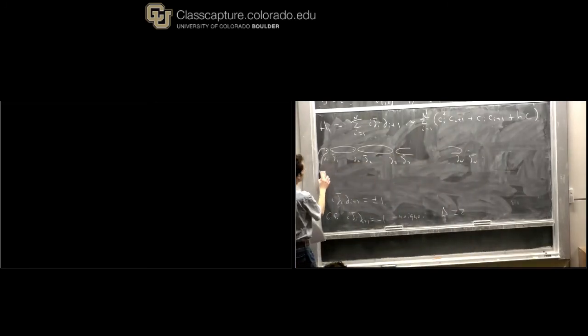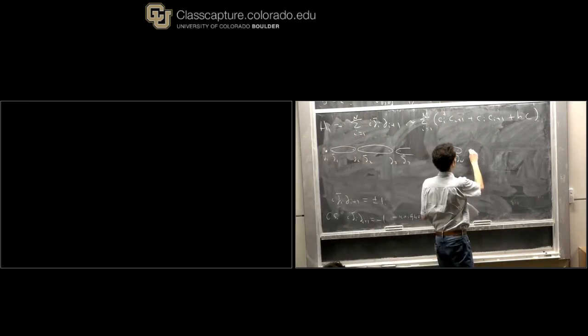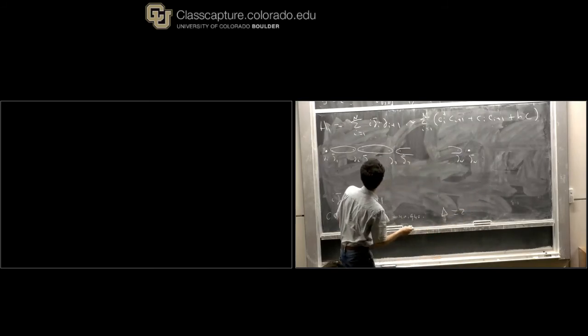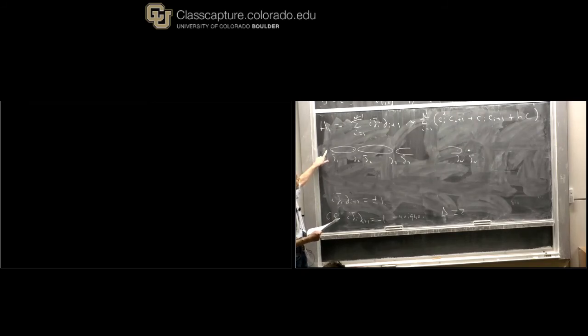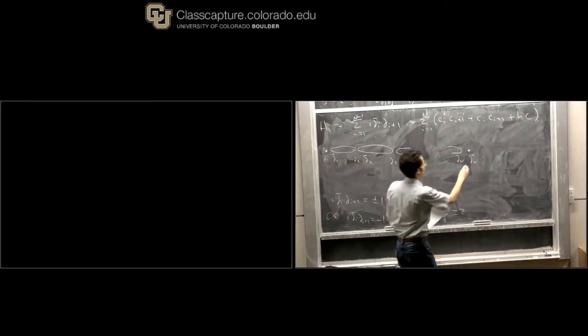From an experimentalist viewpoint, let me just consider an open chain like this. So now I see, probably needs to be n minus 1. So now I have these dangling Majoranas at the ends, gamma 1 and gamma n bar.